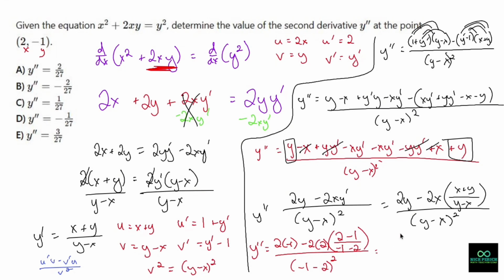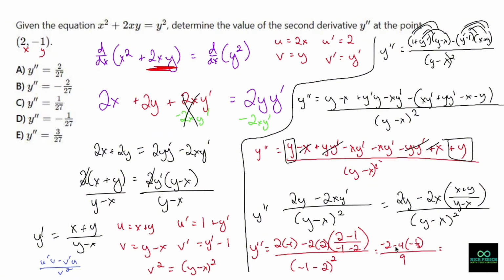Oh boy, I'm scared. Negative 2 minus 4, 1 over negative 3, so negative 1/3. And that's going to be over negative 1 minus 2, all of which is squared, so negative 3 is squared, so 9.